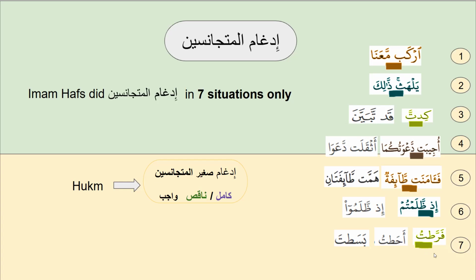When you're saying the hukm of idgham in this place, you'll say idgham saghir mutajanisain naqis wajib. In all other places you'll say idgham saghir mutajanisain kamil wajib. So only for the ta and the ta it's naqis, but in all the other 6 places, you will say it's kamil. I hope it's clear.